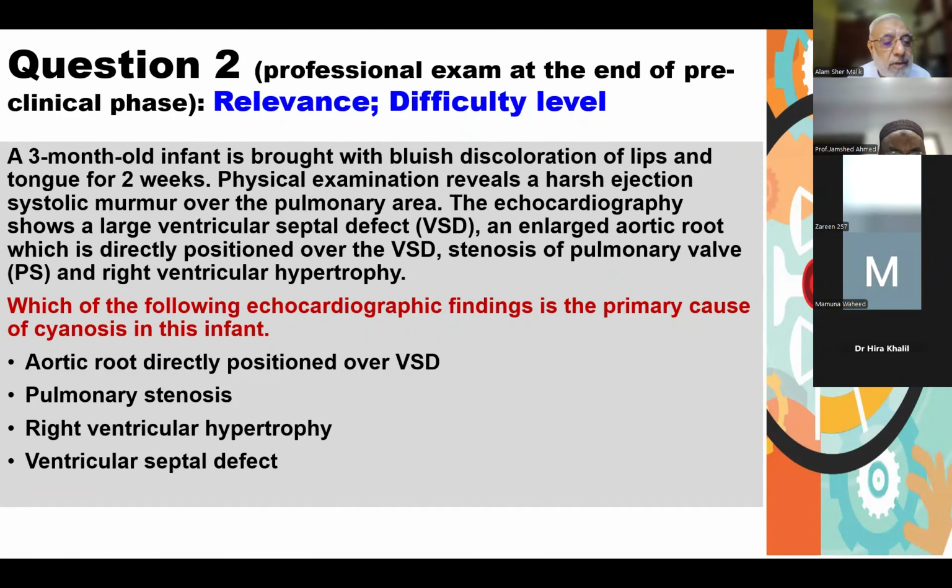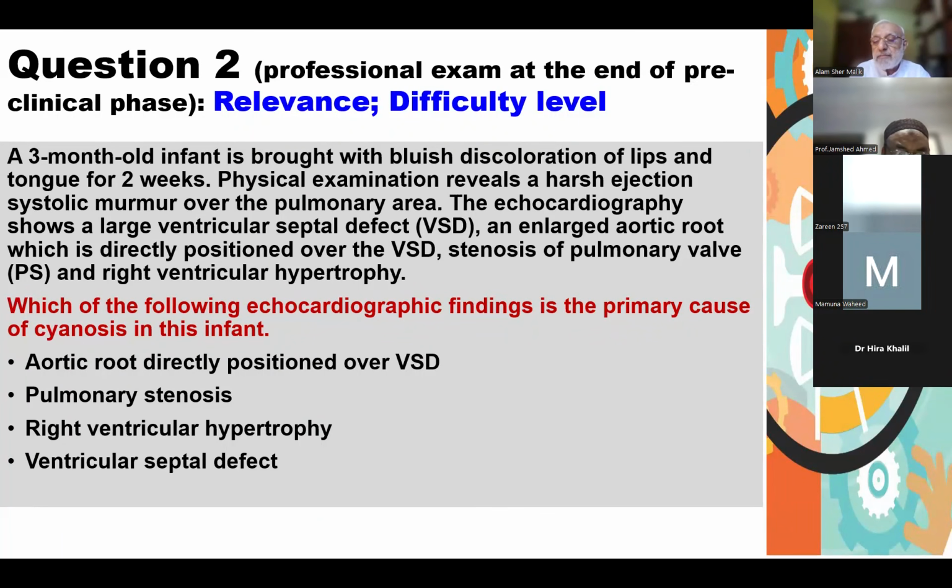So the question is, which of the following echocardiographic findings is the primary cause of cyanosis in this infant: aortic root directly positioned over VSD, or what we call overriding of aorta, pulmonary stenosis, right ventricular hypertrophy, or ventricular septal defect. The model answer would be pulmonary stenosis.